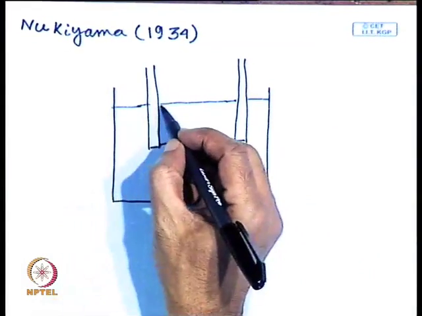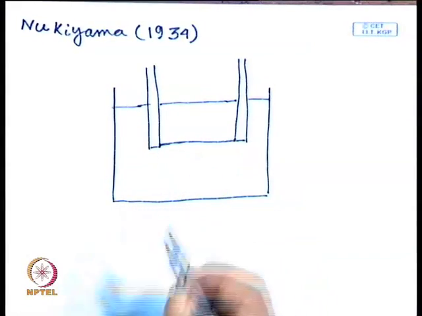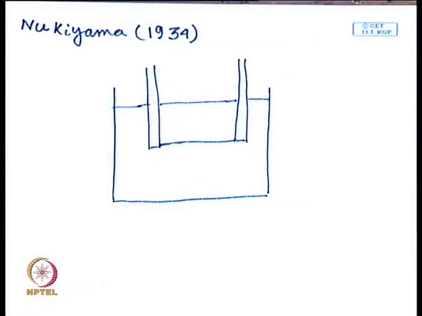And what was the ingenuity in this experiment? As you heat a platinum wire, its temperature will increase and its resistance will also change. So, if you can measure the resistance of the wire, you will also get an idea of the temperature which this wire is having.